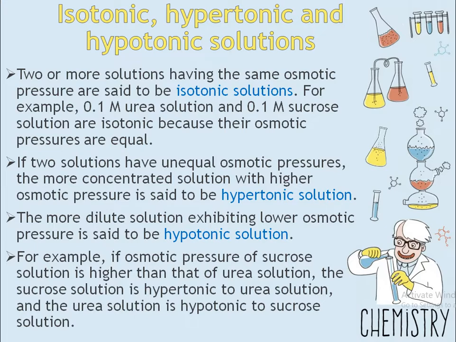For example, if the osmotic pressure of sucrose solution is higher than that of urea, the sucrose solution is hypertonic to urea solution and urea solution is hypotonic to sucrose solution. And if we separate these solutions by a semi-permeable membrane, then there is a flow from hypotonic to hypertonic, from lower concentration to higher concentration.